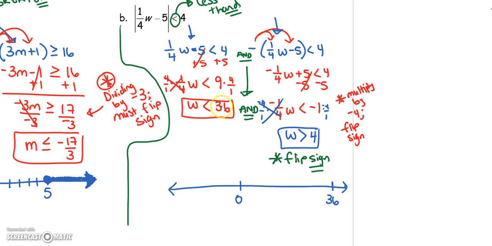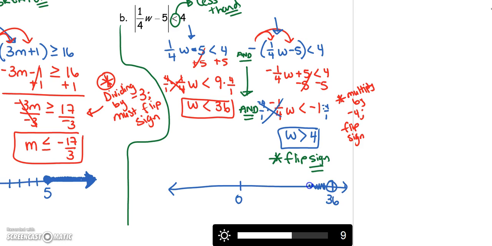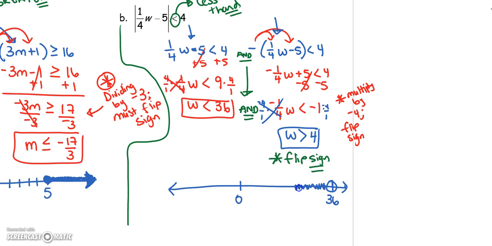And since it's less than 36, now that means that 36 is not part of the answer, so it's an open circle. And anything less than will go in the left direction towards numbers that are smaller than what we're looking for. And then it keeps going.